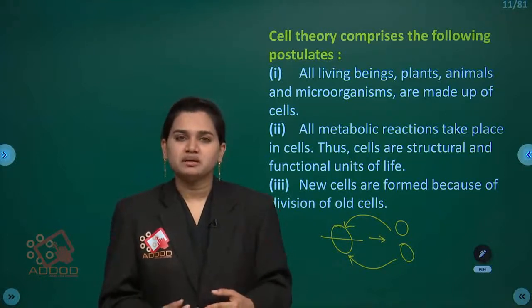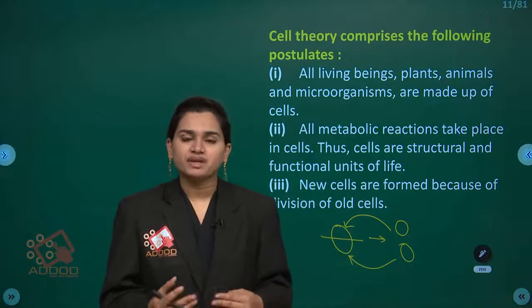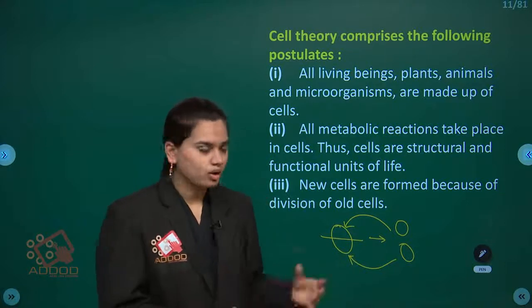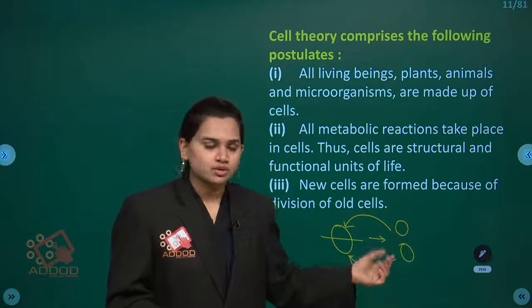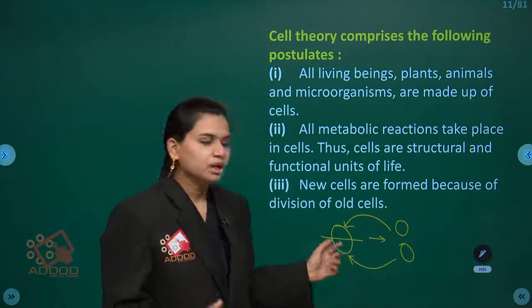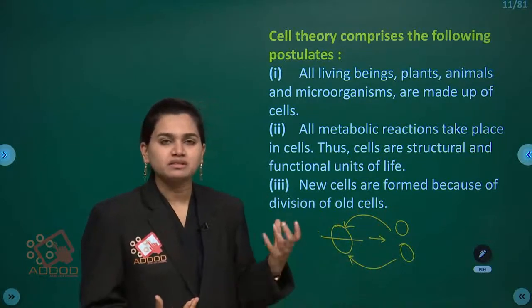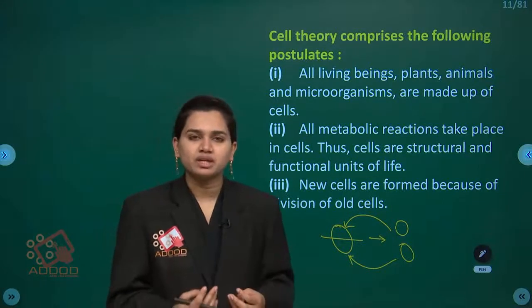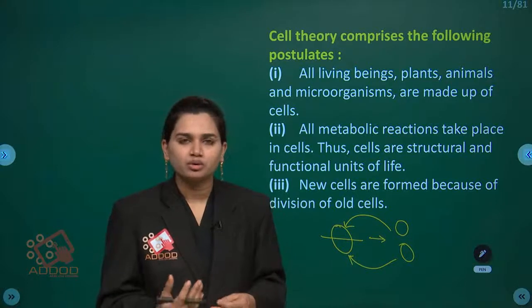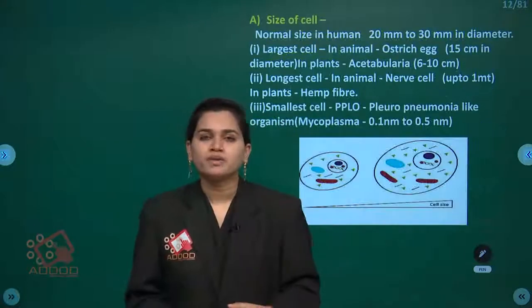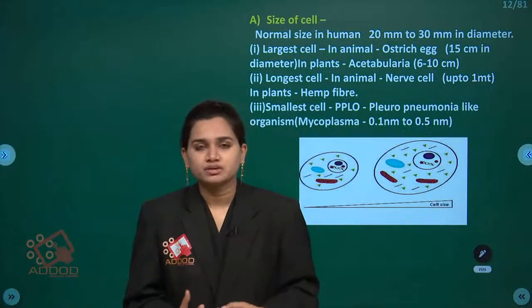And the third statement is that cells arise from pre-existing cells, or the cells will divide to give you new cells. These are the three statements of cell theory which were given by Schleiden and Schwann, and modified by Rudolf Virchow. Now, how could we predict the size of the cell?